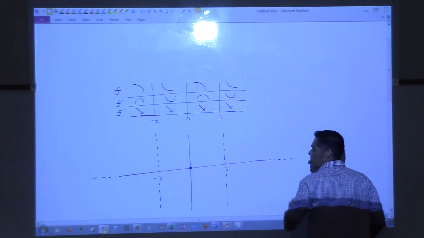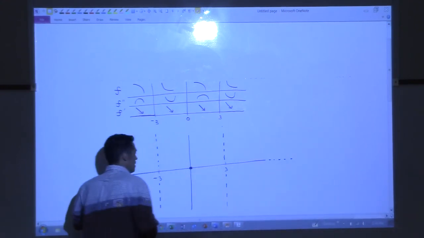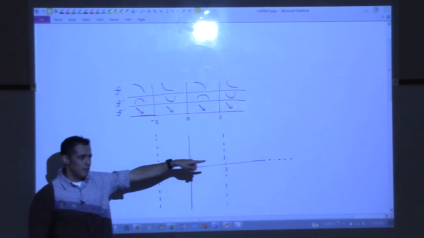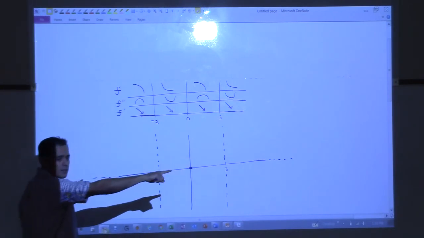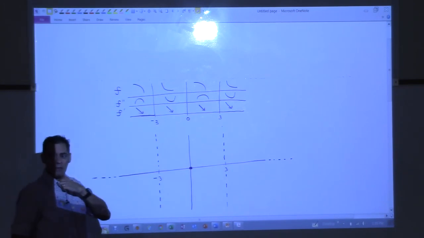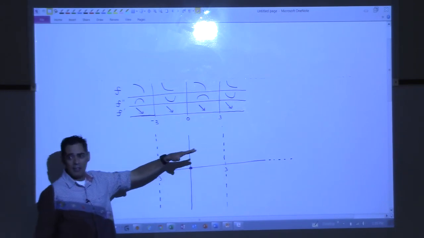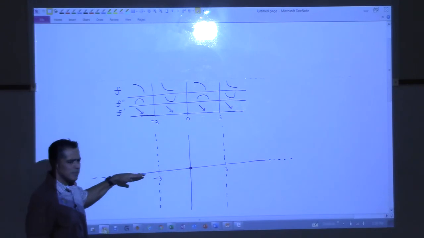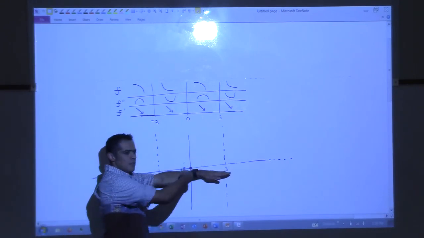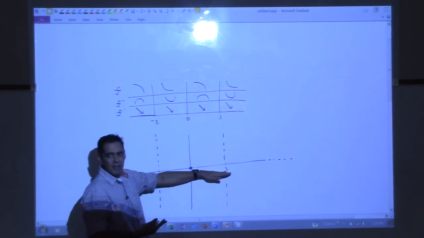I hope that when you were in college algebra, you were told that when you draw horizontal asymptotes that you never draw them through the whole thing. You always draw them at the ends. No? You drew them all the way across? Yeah. Danger zone. Why is that dangerous? Because if you have a dotted line across here, you might think that you can't cross it, but you can.